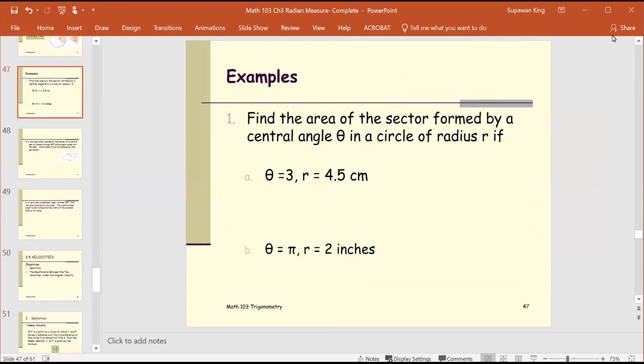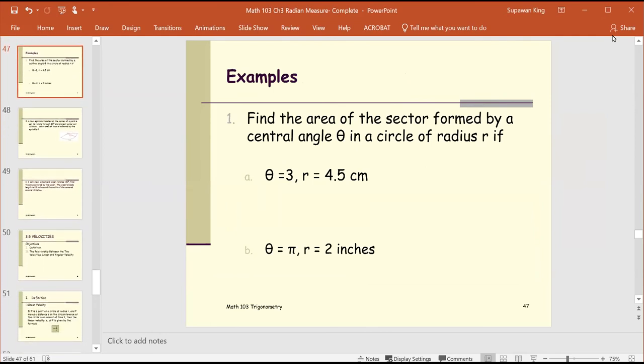Examples. Number 1, find the area of the sector formed by the central angle theta in a circle of radius r, using the formula A equals 1/2 times r squared times theta. Make sure angle theta is in radians. Part A, theta equals 3 and r equals 4.5 centimeters.